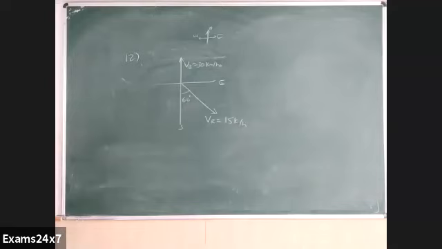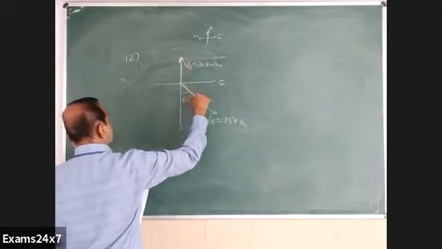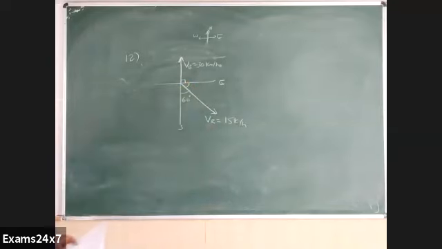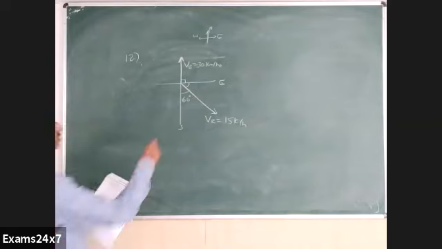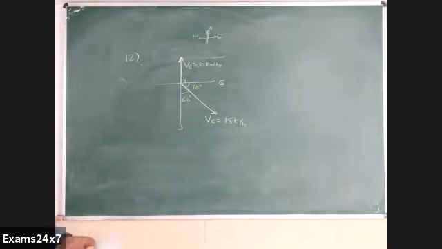This is one velocity. Other one is here. What is the angle between them? 90 plus 30. Totally 120 can write, or 90 plus 30 also okay.